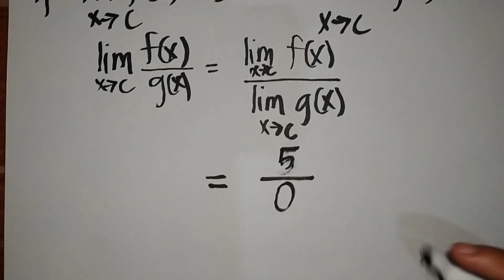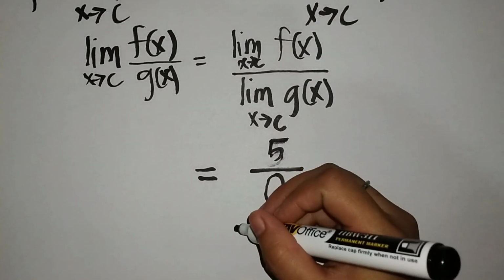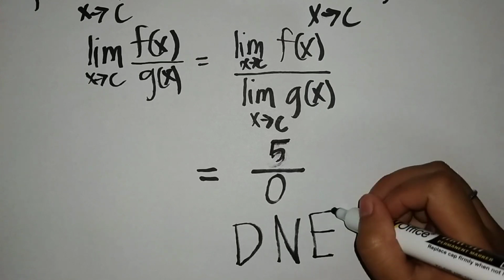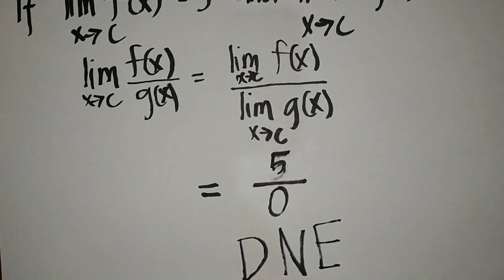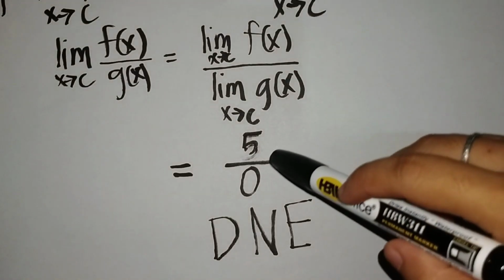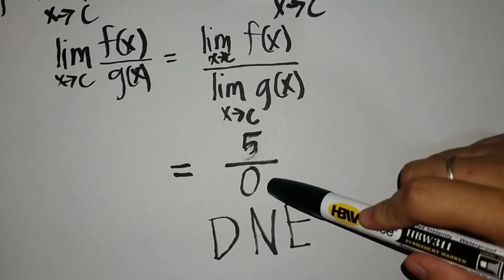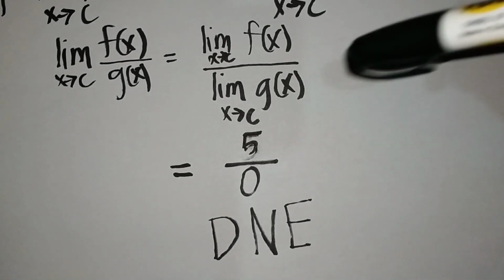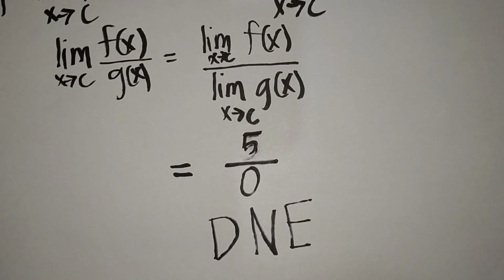We can say that the limit does not exist. As we said in the division theorem, we have to remember that m cannot be equal to 0 because our limit actually will not exist.